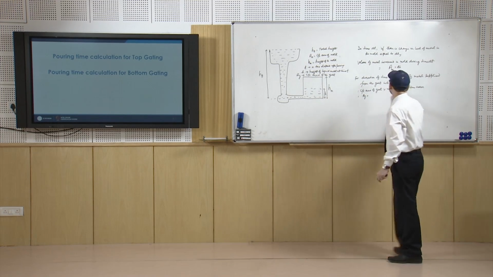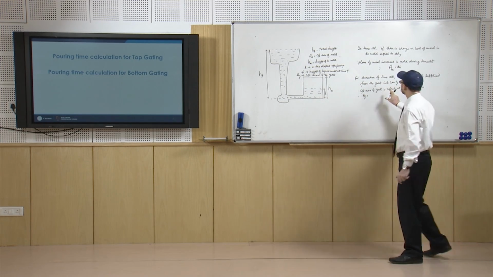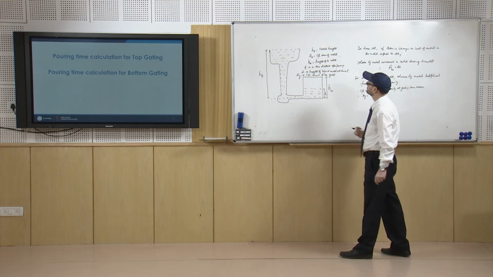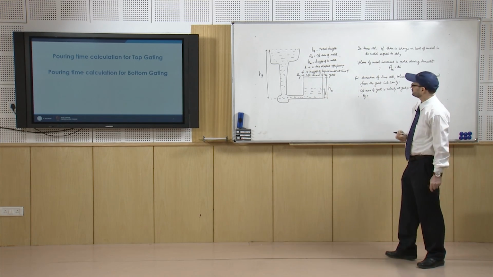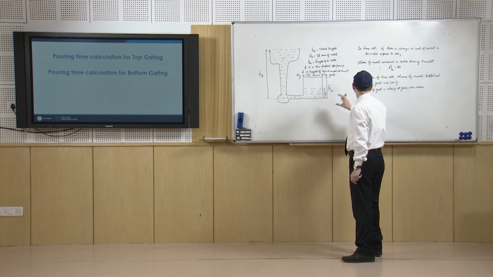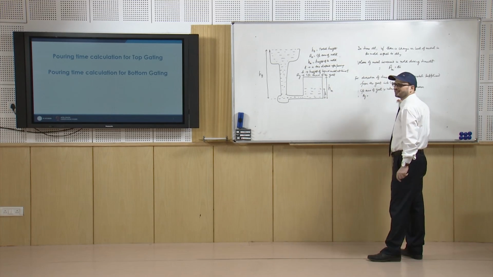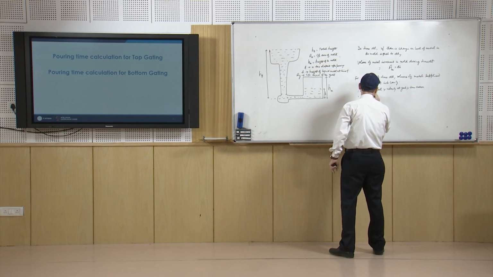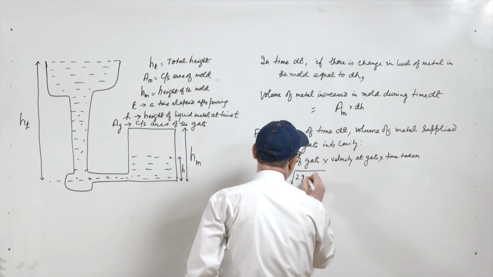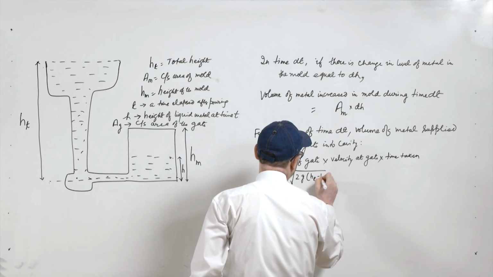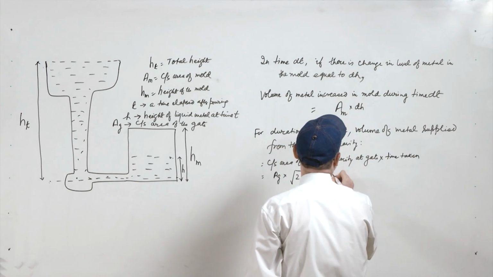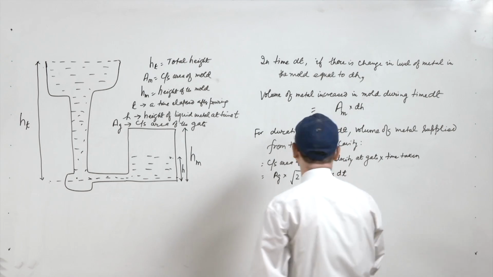Now, velocity at the gate. So, at time t the height was h. So, at this point of time the velocity at the gate was under root 2g (ht minus h), and then it will be multiplied with time dt.